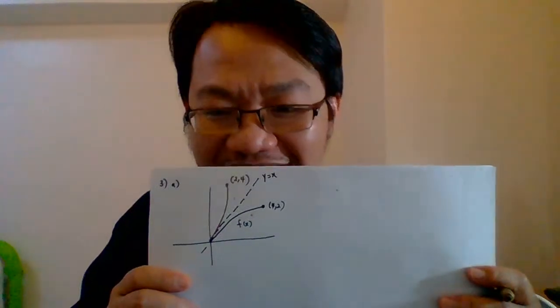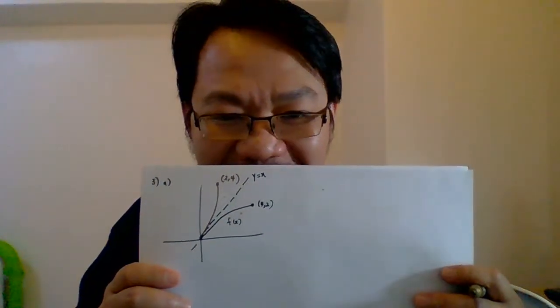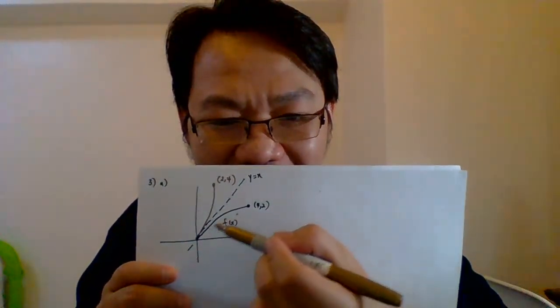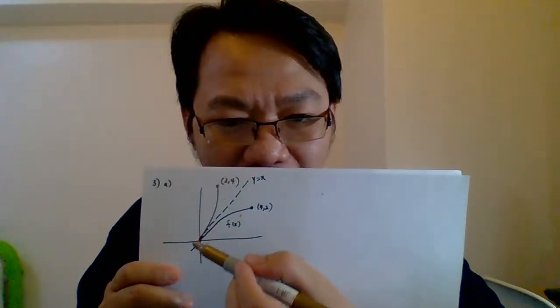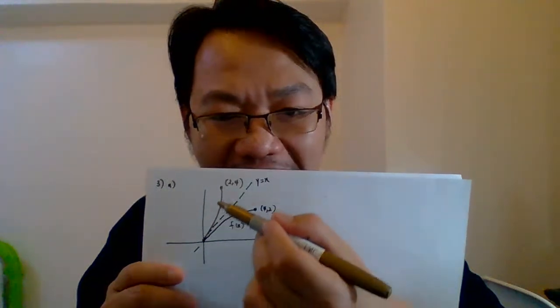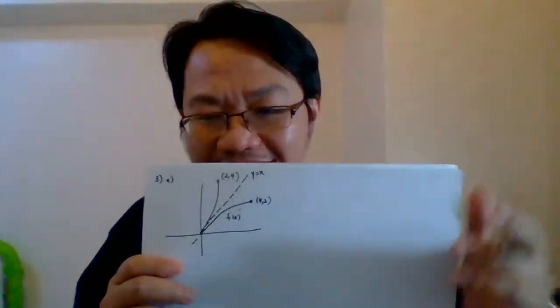So what will happen? It will become like this. Kaushalya, is that correct? This is what you mean, right? The original linear graph, but when we reflect towards y equals x, it becomes an exponential graph like this.